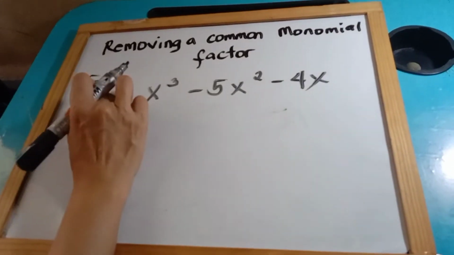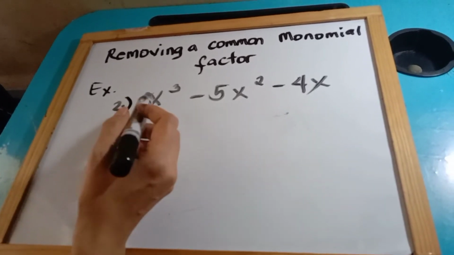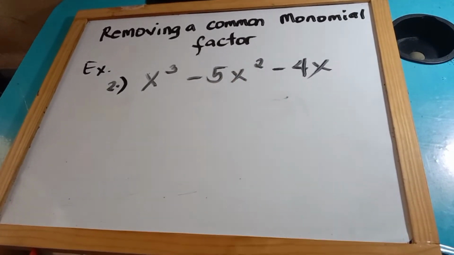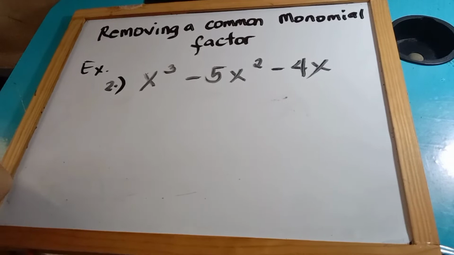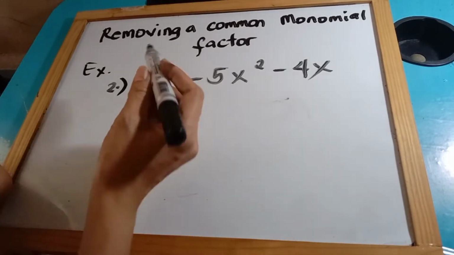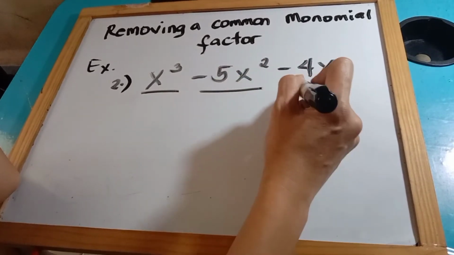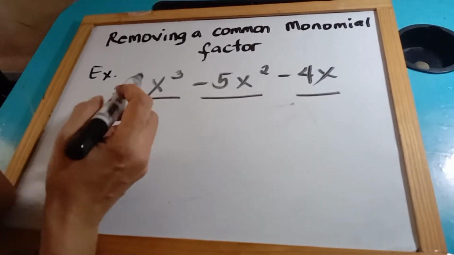Right. So let's have an example number 2. We have x cubed minus 5x squared minus 4x. So in this example, how many terms do we have? So let's count. This time we have 1, 2, and 3. We have 3 terms. So let's look at their number.